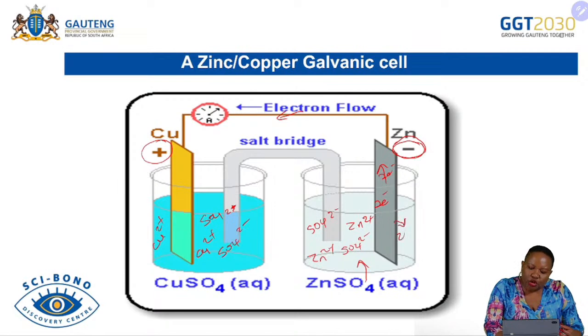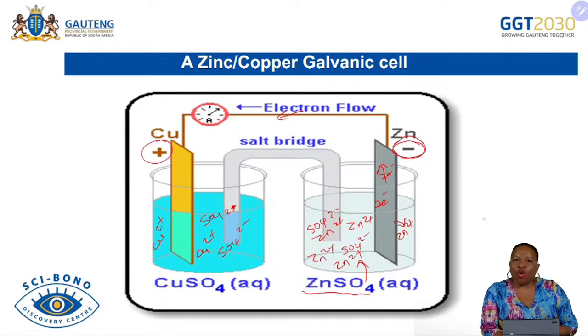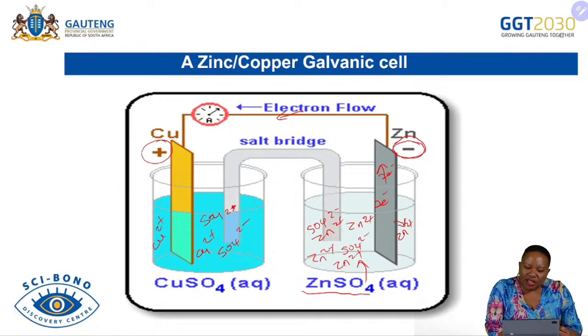And the zinc electrode will now start to dissolve into the zinc sulfate solution. And as it dissolves, what will it produce? It will produce zinc 2 plus ions. So you can see now that in the zinc sulfate solution, we have more zinc ions. And because the zinc ions are positive, it will make the side of the zinc electrode more positive.